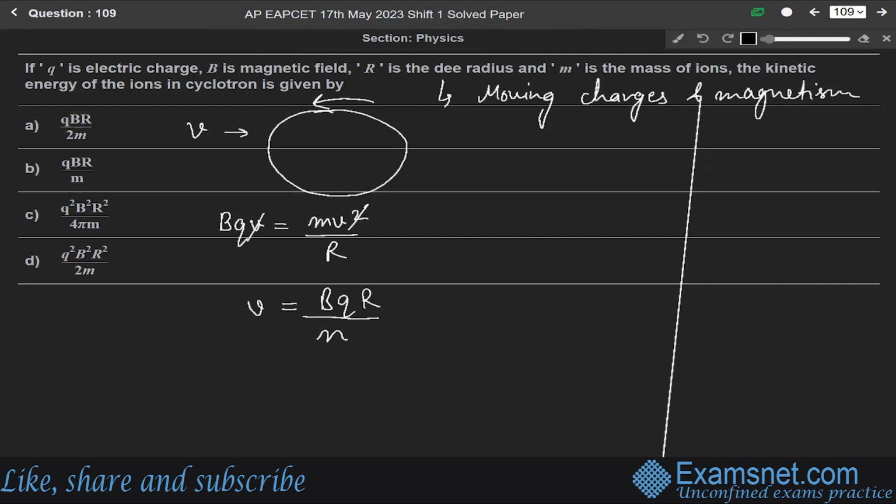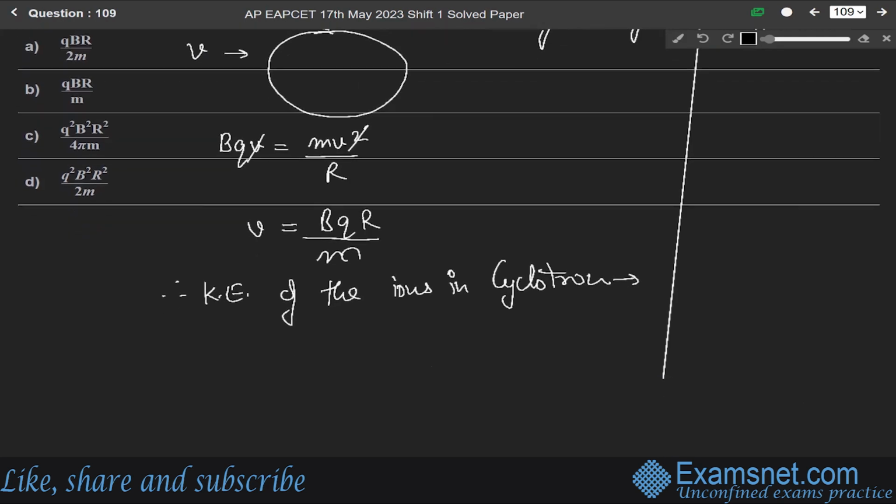And so the kinetic energy of the ions in the cyclotron will become half mv square. So it will be equal to half m times (BQR over m) square.